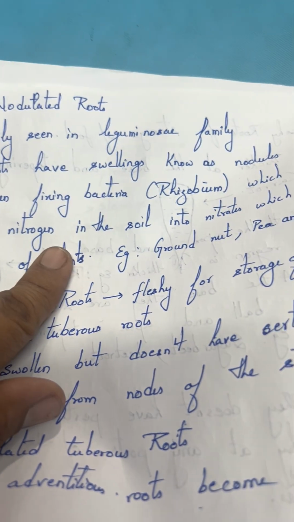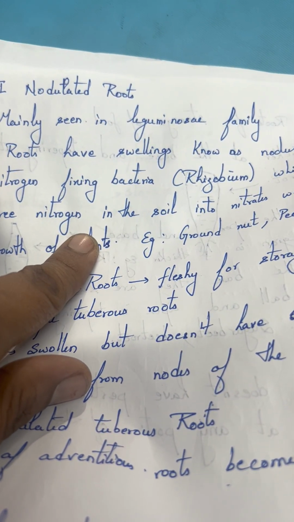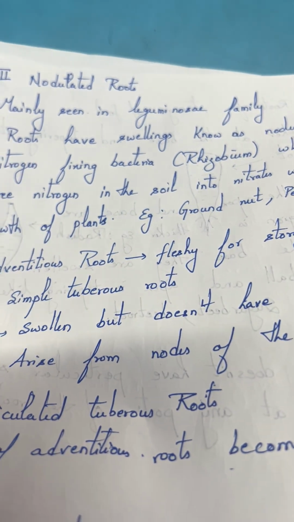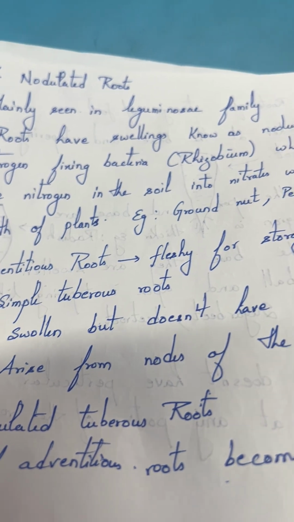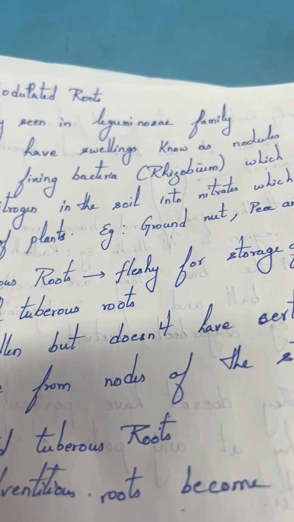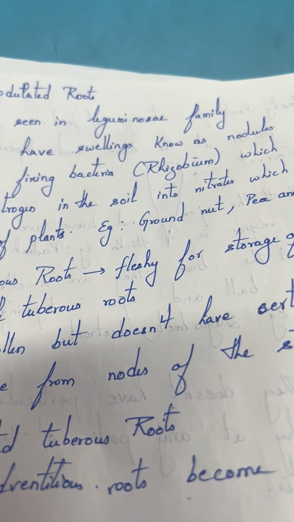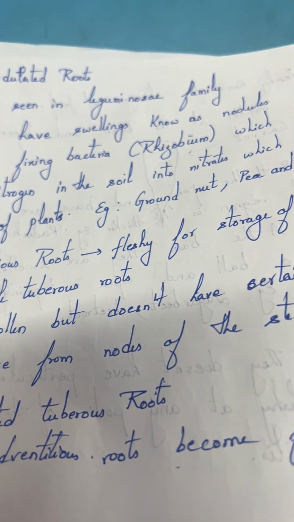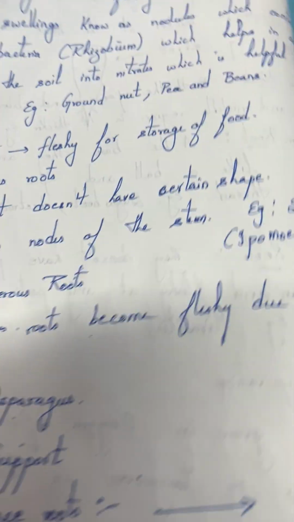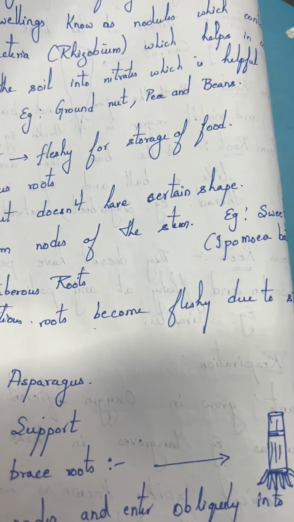Roots have swellings known as nodules, which have nitrogen fixing bacteria, that is Rhizobium, which helps in converting the nitrogen present in the soil into nitrates, which are then utilized by the plants.